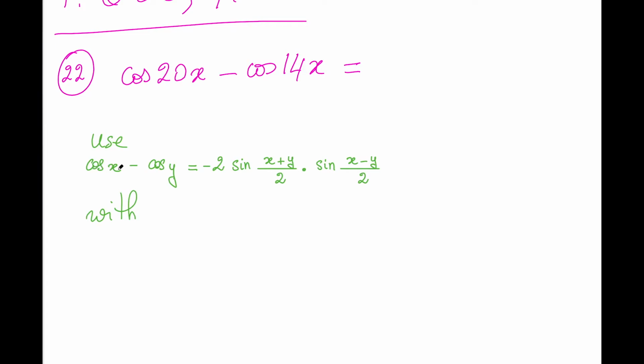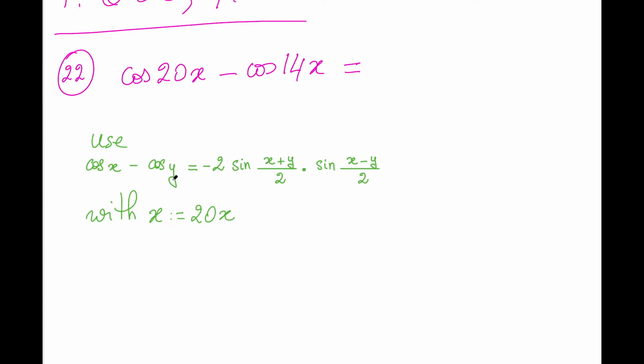Well, x in my formula is the angle that cosine is acting on. Who's that angle in my current context? It's the 20x. Okay, so 20x is going to be my x in the formula. Make sense? So the x in the formula is the 20x in my context.